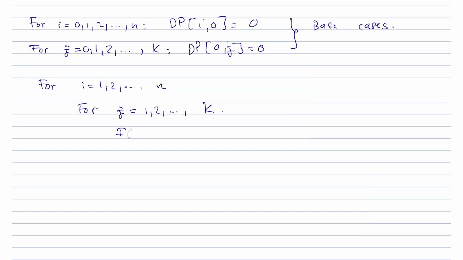If the weight of item i, right, is strictly larger than j, then clearly you cannot fit. Okay, so you are trying to see what's the best you can get out of the first i items with a budget j.